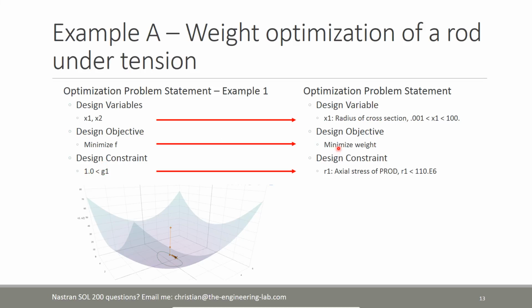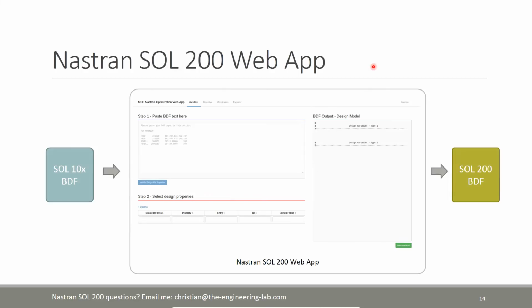We're doing nothing different. Our design variable x1 is representing the radius of the cross-section. Our weight function, or our objective function, is the weight, and our constraint function is the axial stress in the elements. Again, we're going to use the Nastran Solution 200 web app. This is going to take our 101 BDF file and convert it to Solution 200.